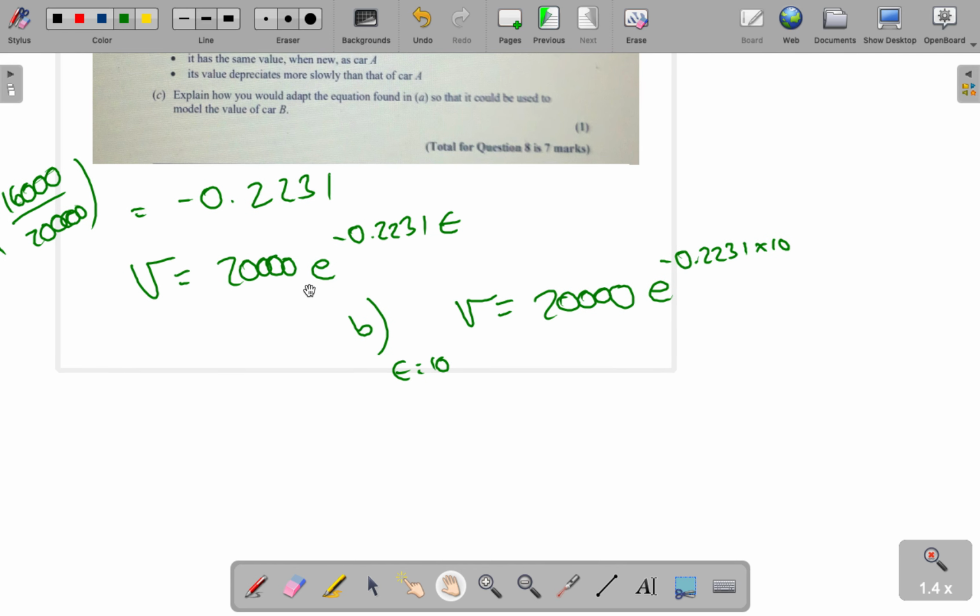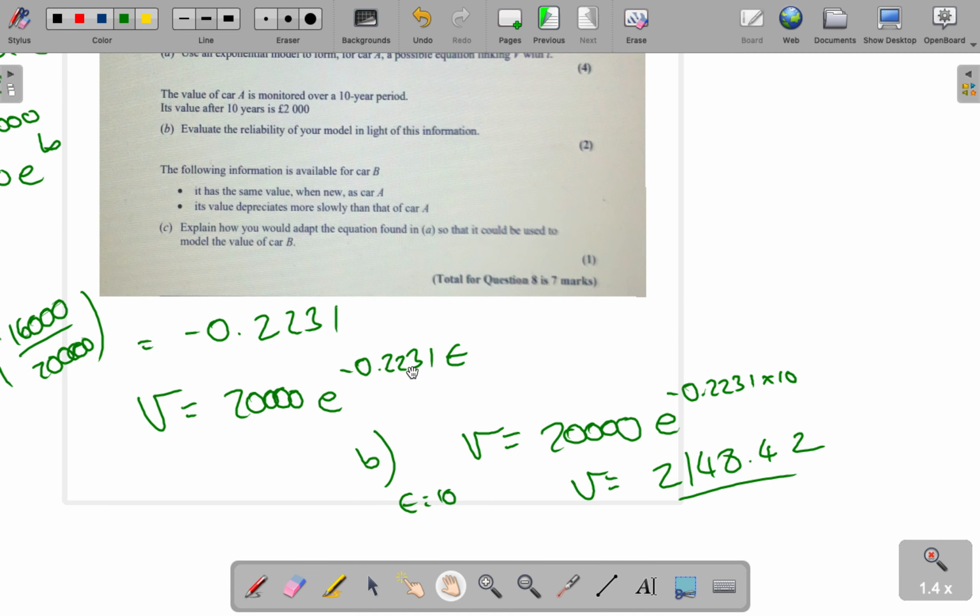From here we just plug in our value, and V is equal to 2,148.42. If we look back at our original value, the value is 2,000.